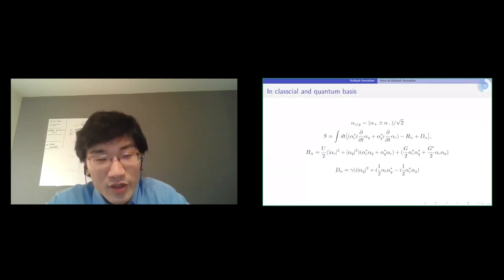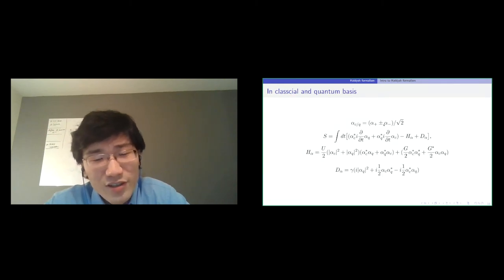One thing that is very useful in doing calculations is to transform it into a new basis. This is just a simple unitary transformation. We can define alpha plus plus and minus alpha minus as alpha classical and alpha quantum. It's called alpha classical because it's a summation between the two branches.